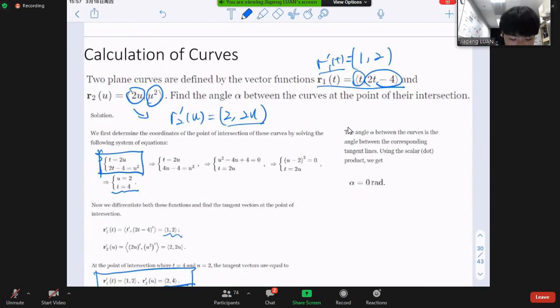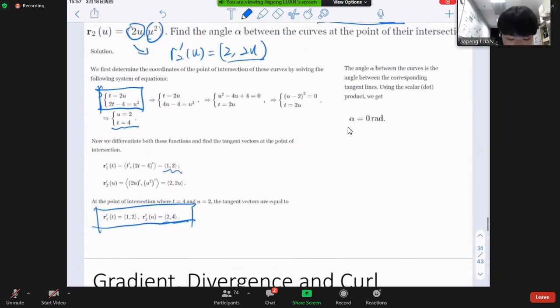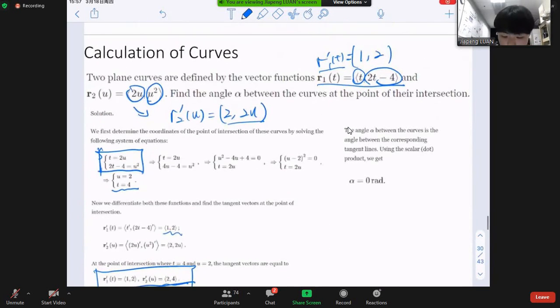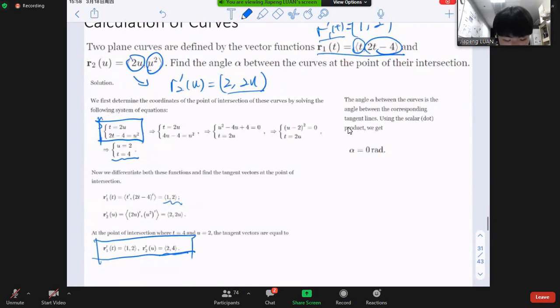So here you know the tangent vectors of these two curves. And then you calculate the angle between these two. So the angle is arccosine of R1 dot R2 over the product of their magnitudes, right?